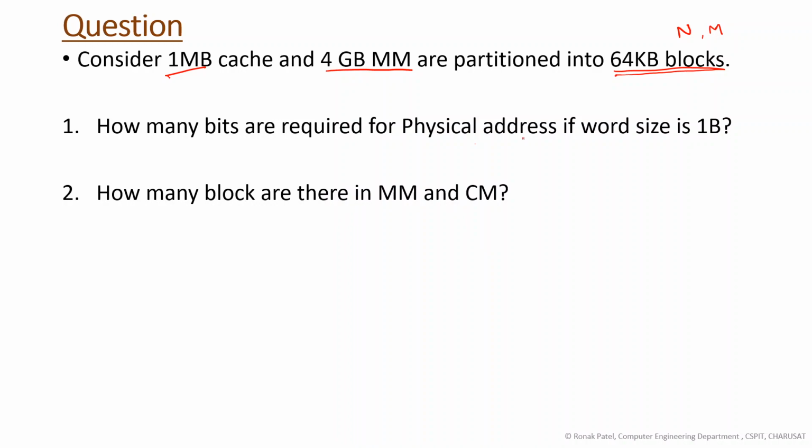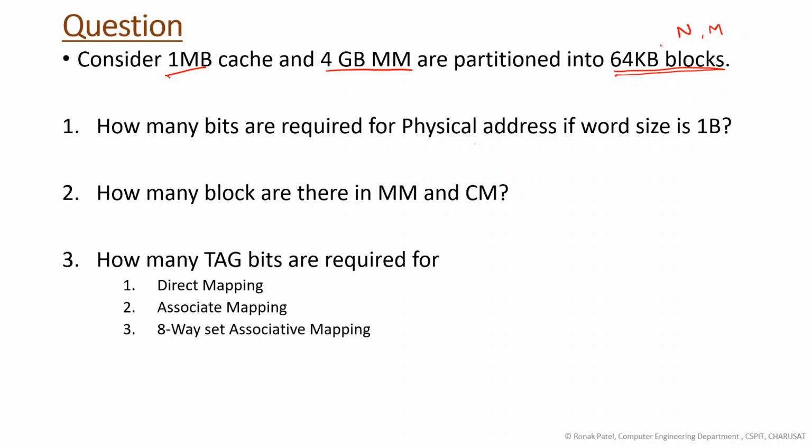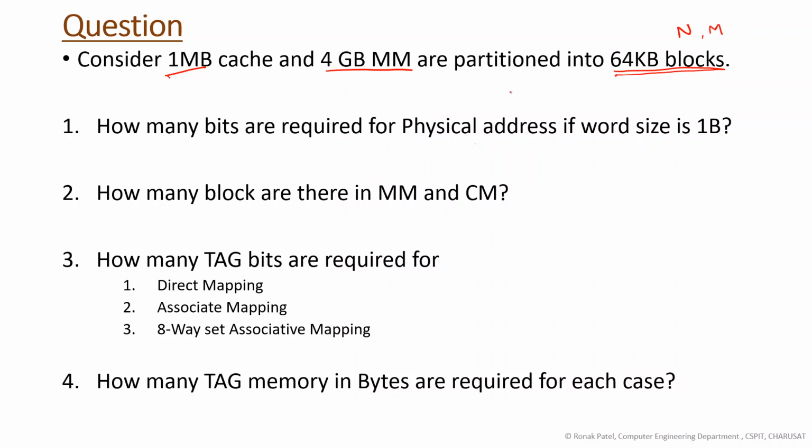How many blocks are there in main memory and cache memory? You can easily calculate. How many tag bits are required for direct mapping, associative mapping, and 8-way set associative mapping? And one more question: how many bytes of tag memory are required for each case?